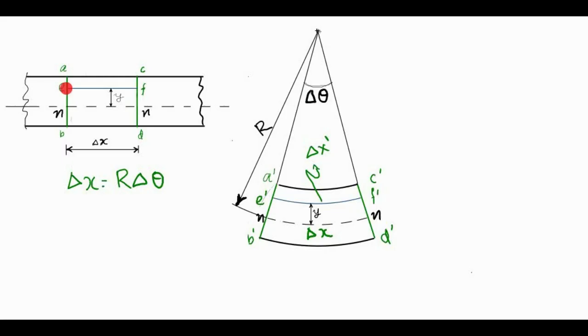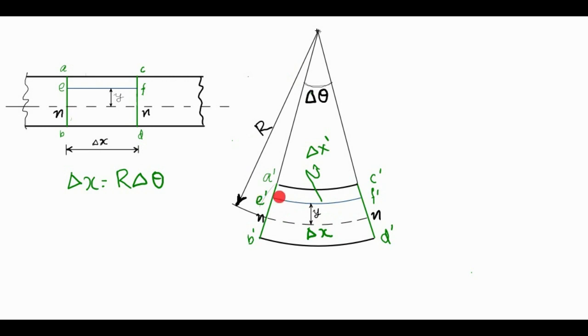The layer EF is y distance away from the neutral layer or neutral surface. For small deformations, even after bending, the distance of the layer from the neutral surface does not change. Here also it is y. So the radius of the arc E dash F dash will be r minus y.